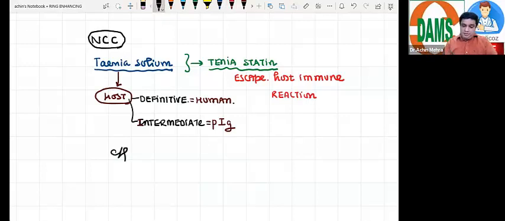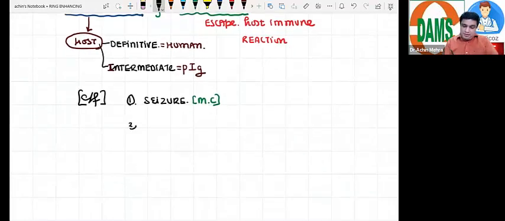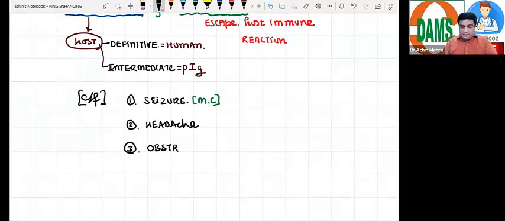Now, the clinical features of NCC. Number one, anytime, is seizure disorder. The most common presentation of NCC that we come across is with seizure disorder. The second could be headache. Third could be obstructive hydrocephalus.